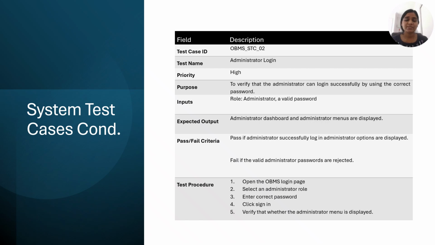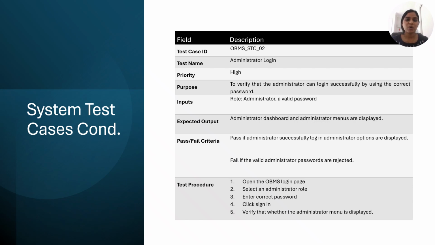This slide presents another example of a system test case developed for administrator login functionality of the online backstage management system. The purpose of this test case was to verify that an administrator can successfully access the system using the correct password and administrator role. The test case included the required inputs, expected outputs, pass-fail criteria, and step-by-step testing procedures.